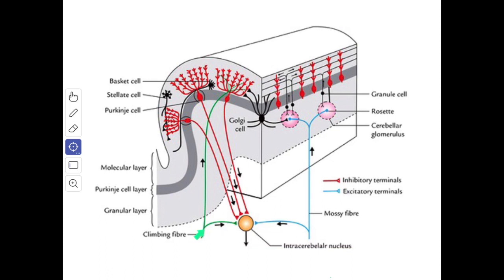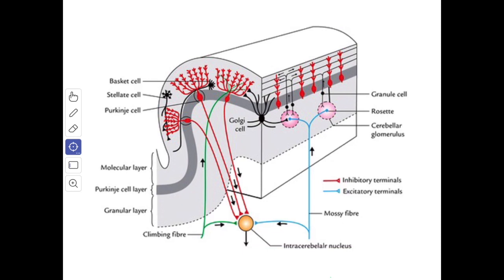Therefore, one climbing fiber specifically influences only one Purkinje cell, whereas the influence of mossy fiber is far more diffuse. The influences of both climbing and the mossy fiber are excitatory to the Purkinje cells.